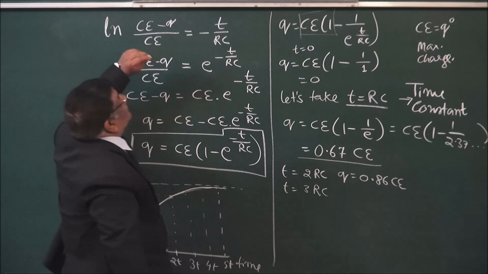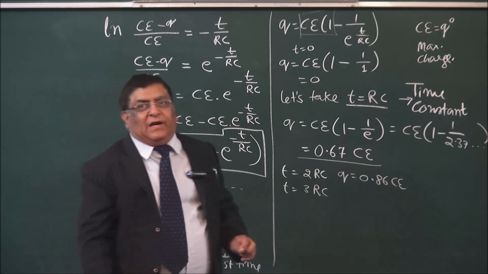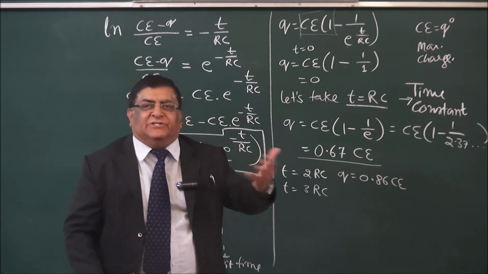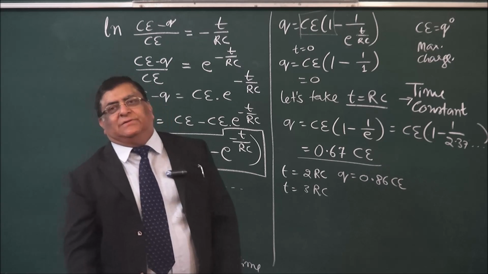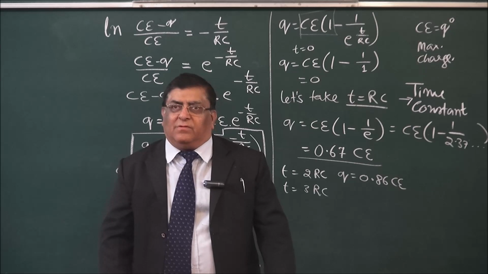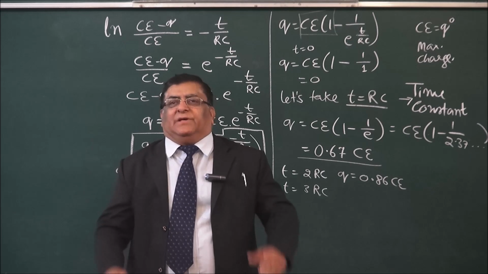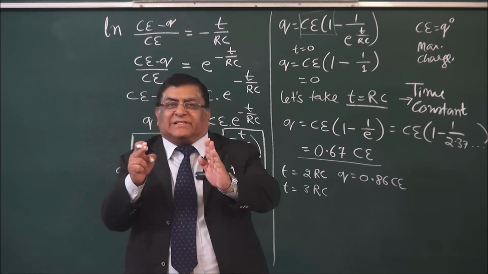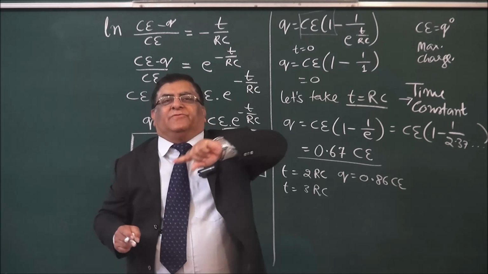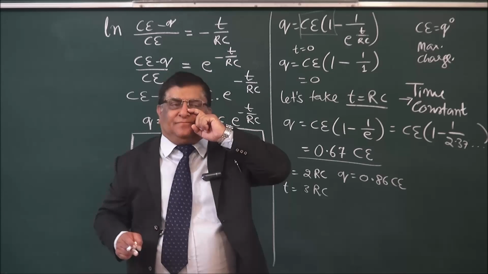Okay, right. So this is charging of the capacitor, and now when we discharge it, what happens? When we discharge it, there is no cell. How do we discharge it? There are two plates of the capacitor. Put a conductor across it, and all the charge from plus to minus will go there.